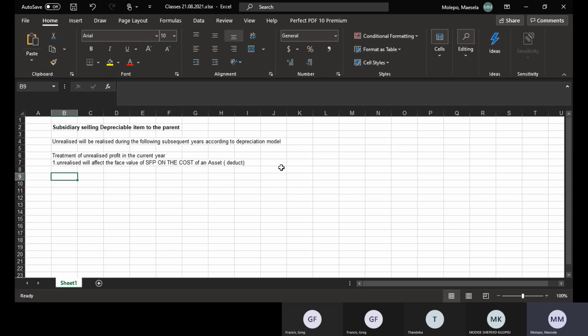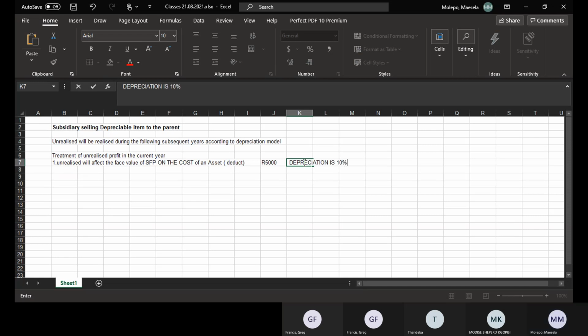Let's say in this case you have the unrealized profit of 5,000, and they tell you that depreciation is 10% per annum.